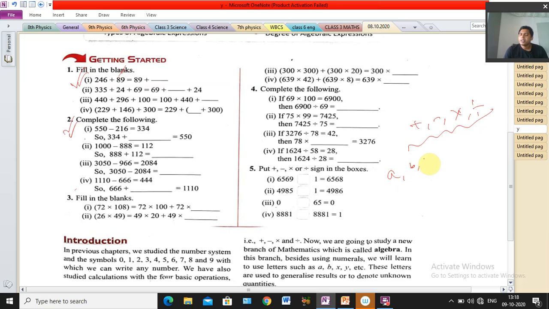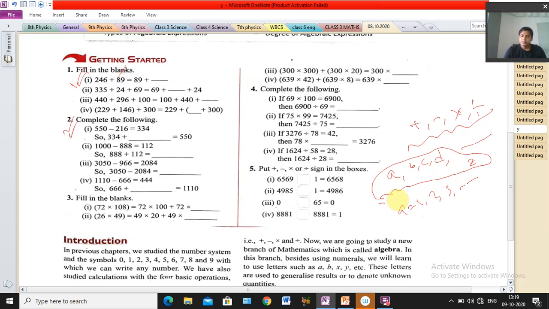Variables means a, b, c, d up to z. We can use any variables. Instead of a we can write 1, 2, like that. We can use it according to the situation. We will use numbers or digits. These are called variables. We will also discuss what variables are, and that there are two types of variables.